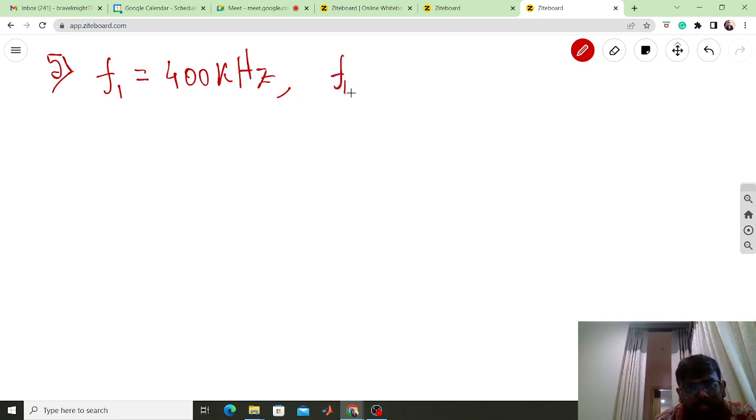Now in this question I will draw a block diagram of an Armstrong FM transmitter, and there will be a question about it. I am just writing the parameters first. F1 is equal to 400 kilohertz. FLO is equal to 21.6 megahertz.